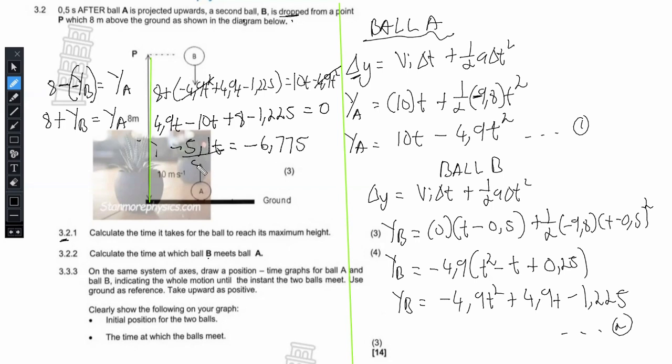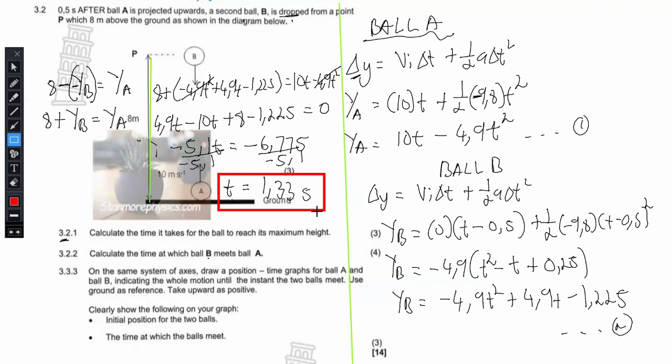And then if we divide both sides by negative 5.1, our t has to be 1.33 seconds, rounded off to 2 decimal places.